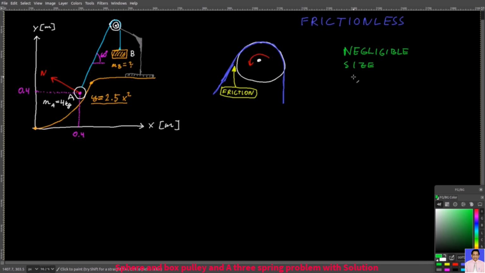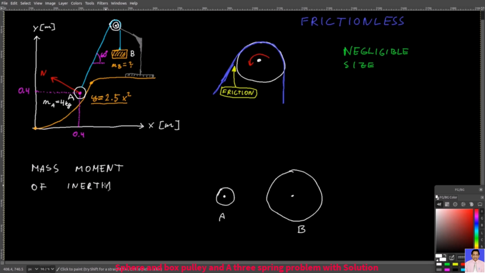Why is that important? Well, in physics, we have something called mass moment of inertia, or big I. Essentially, it's resistance to rotation. The bigger the mass moment of inertia that an object has, the harder it is to rotate it.